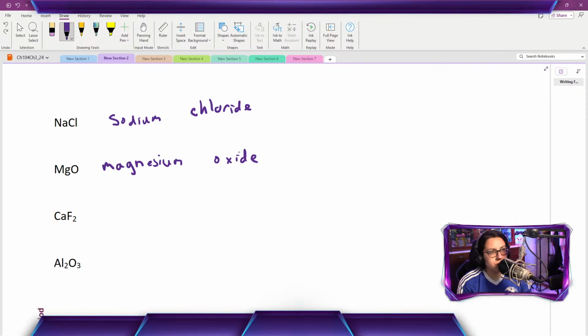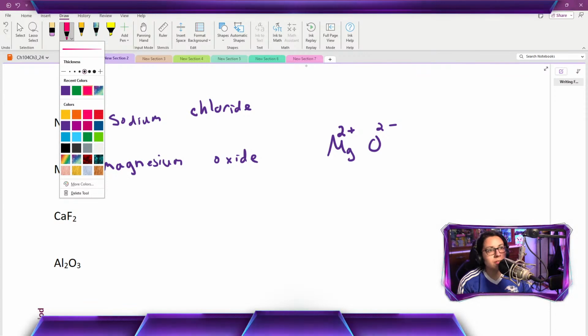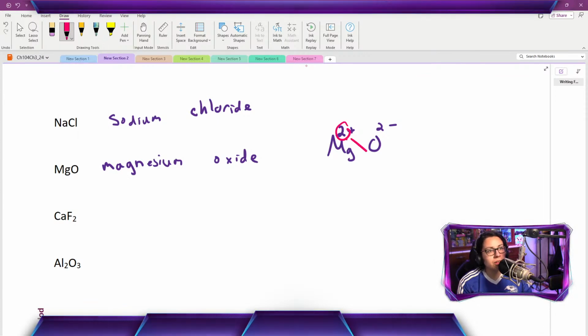And I'll go ahead and show this trick. I always call this the swap trick. I start my scratch work for finding the formula. For this one it's a little trivial, but we'll see how it works. I have magnesium 2+ for its oxidation state, and oxygen 2-. Then for our swap trick, we just swap these numbers.